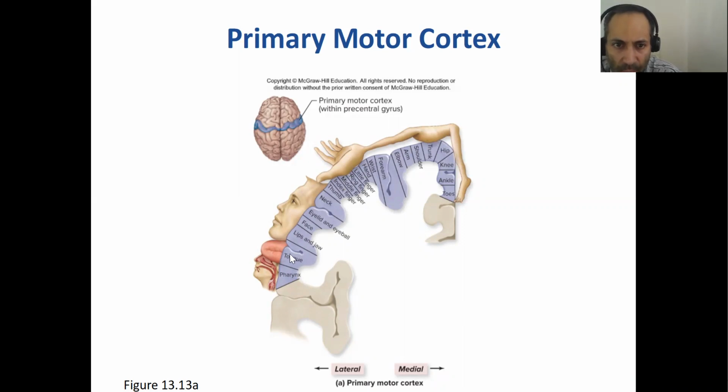This is the fold of tissue right in front of the central sulcus. Now what you notice here is that different body parts are arranged in a weird pattern all across, starting from here all the way to the deeper parts, and then it dips inwards towards the corpus callosum. What is this all about?